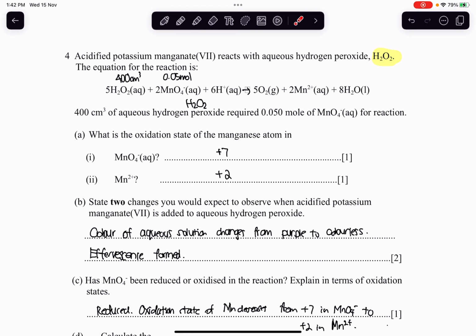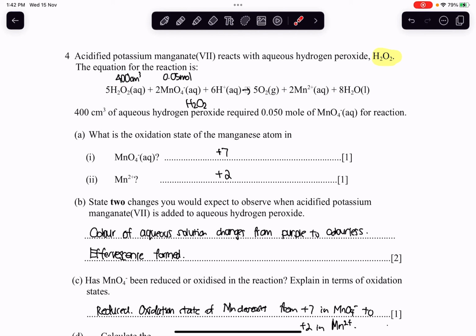If you don't know the formula, most likely it might be provided in the question. 400 cm³ of hydrogen peroxide required 0.05 mole of MnO4-. So you can write 0.05 mole of MnO4- to 400 cm³ of hydrogen peroxide.